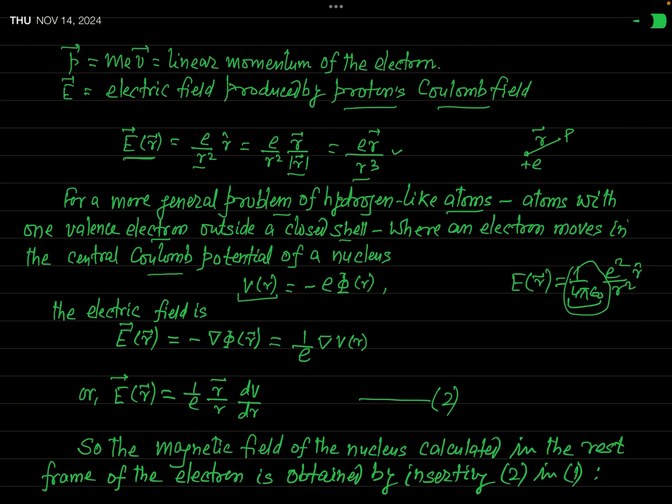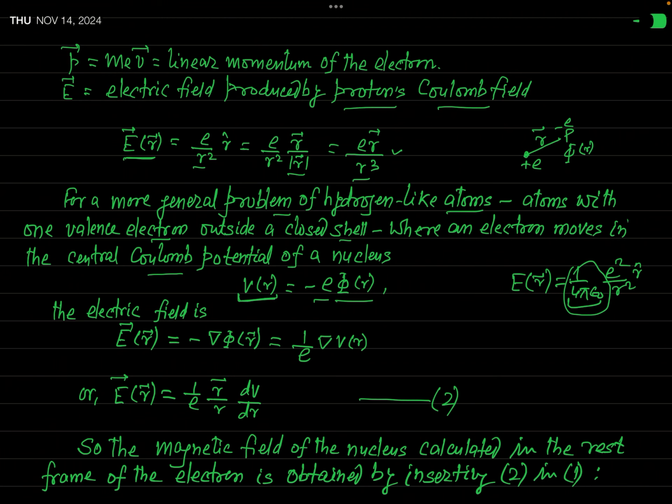And if the potential at this site is phi of R, where the electron is located, and this potential is produced by this proton, then the charge of the electron times the potential is equal to the potential energy.